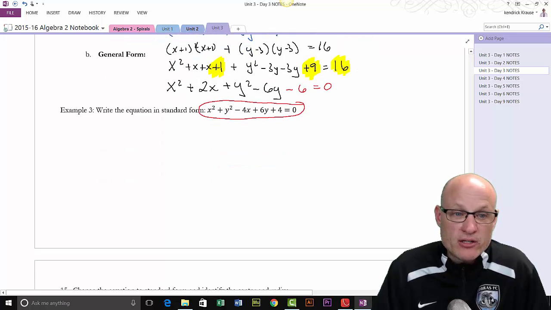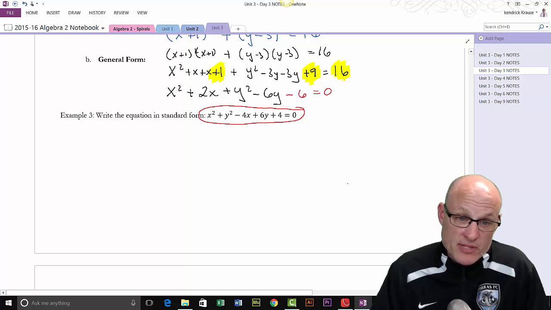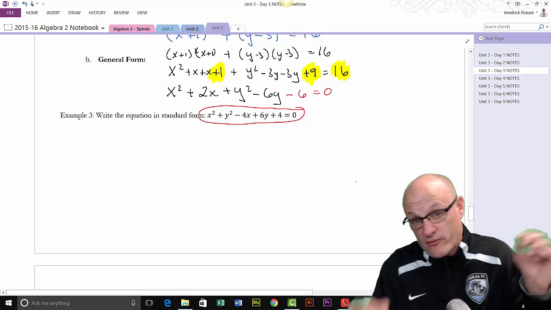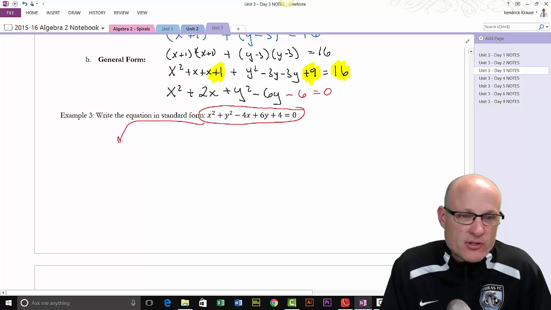So here's how we convert from the general form to the standard form. And what we're going to do is that completing the square trick, but we're going to have to do it twice, one for each squared term. And it's actually not as bad as you think. So let's get started on it.